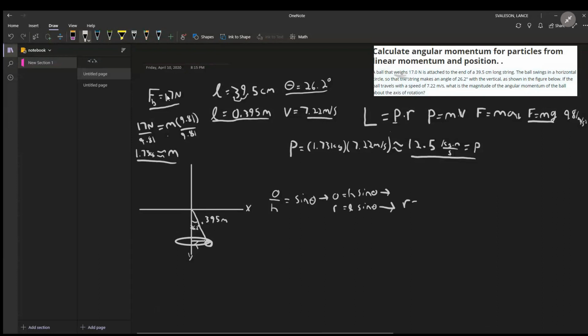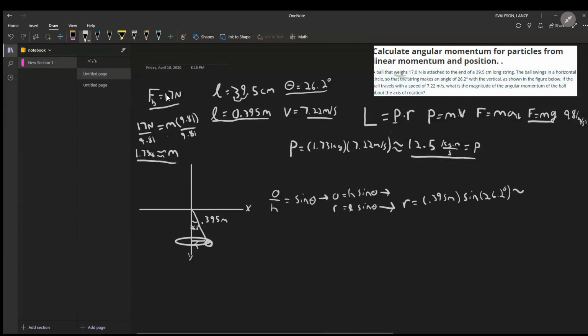And that's going to be R equals the length of the string, which is 0.395 meters, times sine of our given angle, which was 26.2. Now this we definitely need a calculator for. We can't just run this through our head. At least I can't. So let's see if we can get that in there.